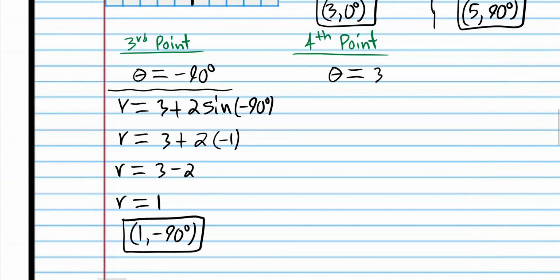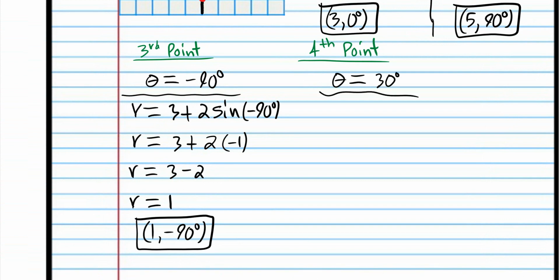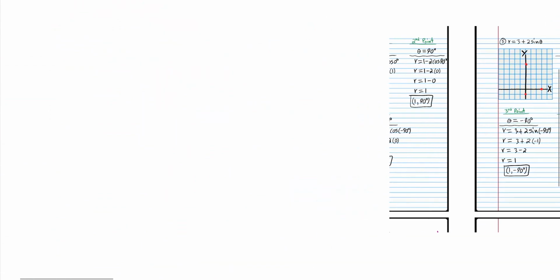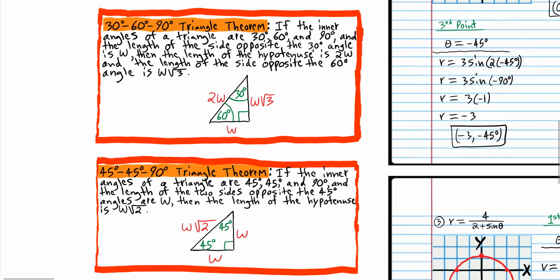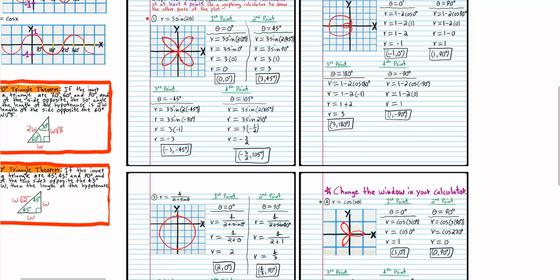So if theta is 30 degrees, we're going to calculate r. So sine 30 degrees is 1/2. How do I know that? Well, we have to use our special triangles. Our 30, 60, 90 degree triangle specifically.